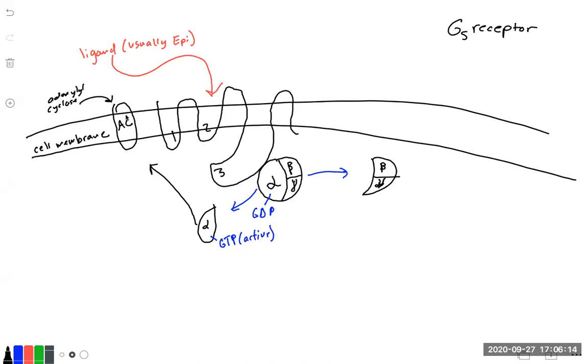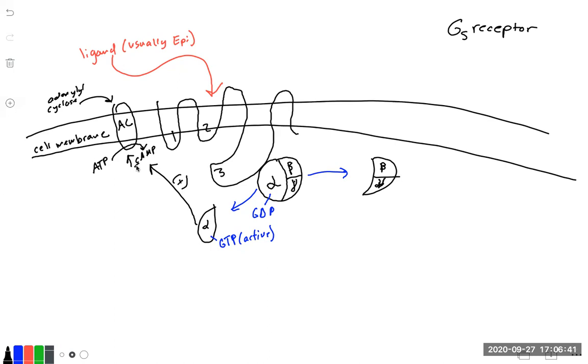It takes ATP and changes it to cyclic AMP, as we see here. ATP passes through and becomes cyclic AMP. So the alpha subunit is stimulatory of adenylyl cyclase, raising our cyclic AMP concentration in the cell.